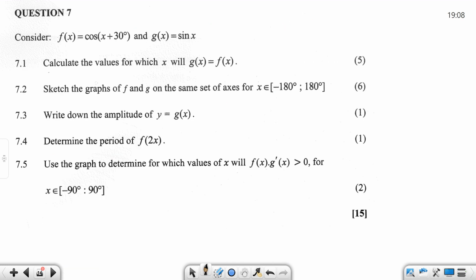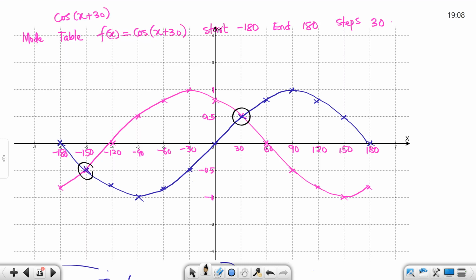I wish I would have time to. Let's quickly answer all of this. All right. Write down the amplitude. What is amplitude? It is the top minus bottom divided by what? 2. And your amplitude is always what? Positive. Oh, by the way, I did something wrong. I didn't label.